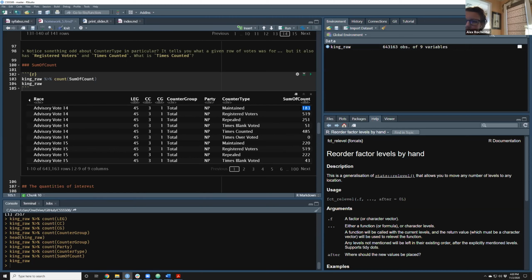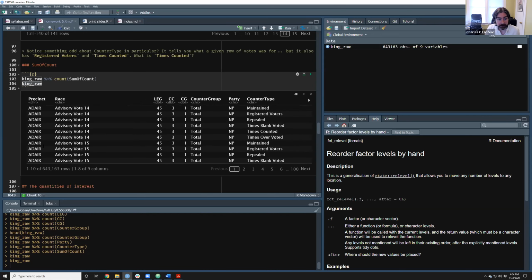That 183 people voted to maintain advisory vote 14. Exactly. So this is starting to parse out the contents of this data frame. I'm not displaying the number of rows here. This is actually the whole King Raw data set with its 643,000 rows. I'm just showing the first 10 observations.